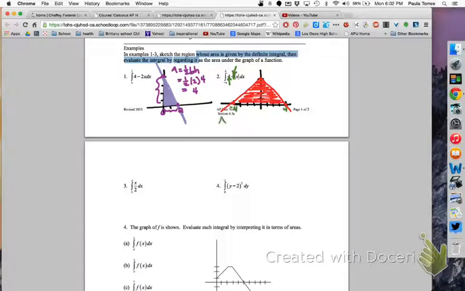And so again, I'm finding the area of a triangle. This time, my entire base is 8, and the height is 4. So I get a grand total of 16 for the area between my graph, my function, and the x-axis.